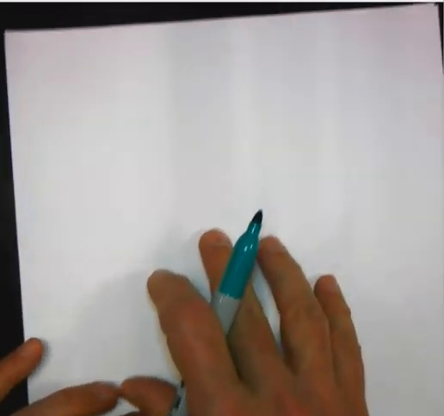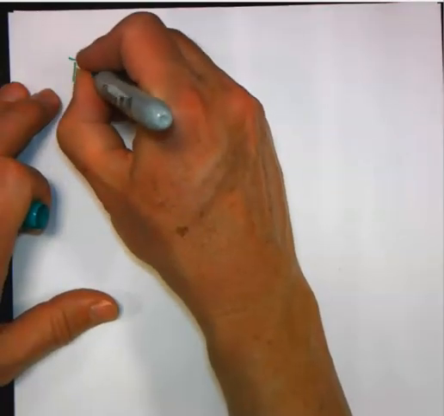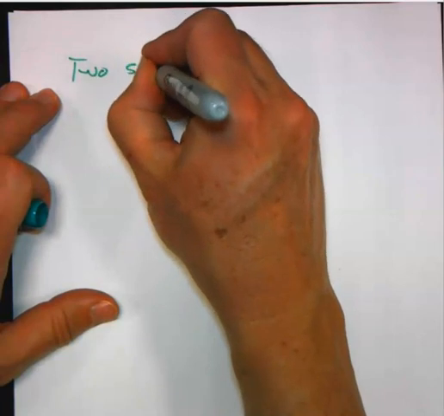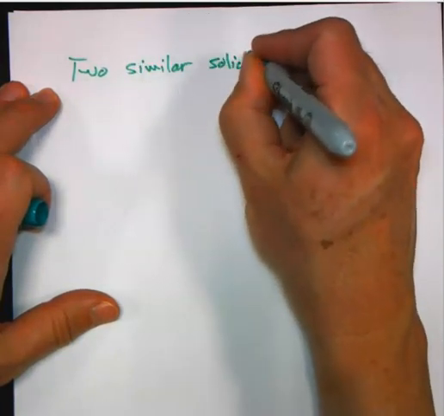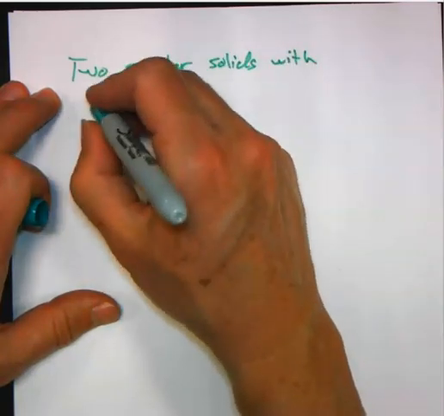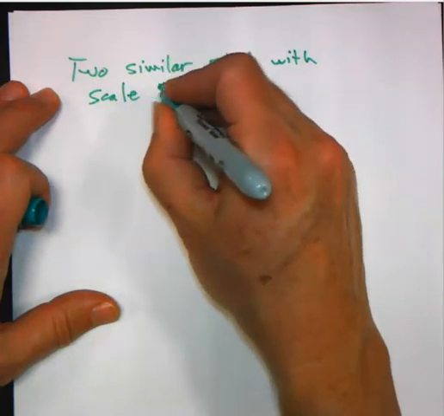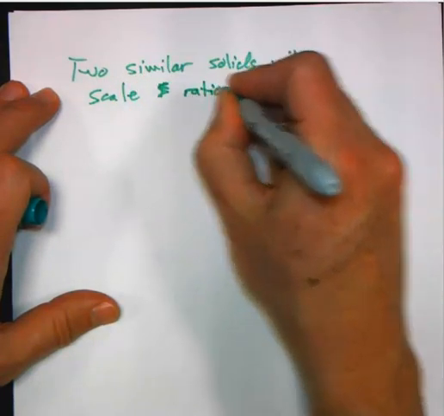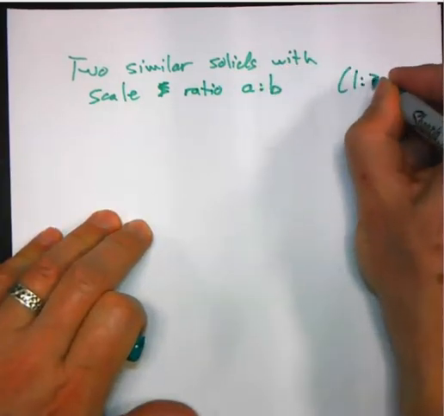This is a very general feature. If I have 2 similar solids with scale ratio, let's say A to B. Here it was real simple, it was 1 to 3.